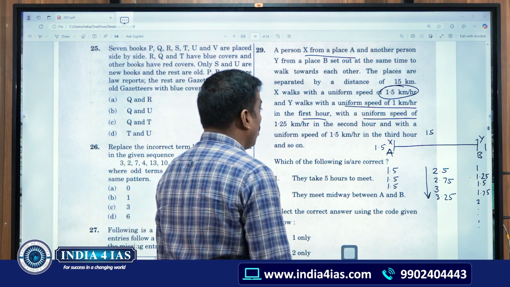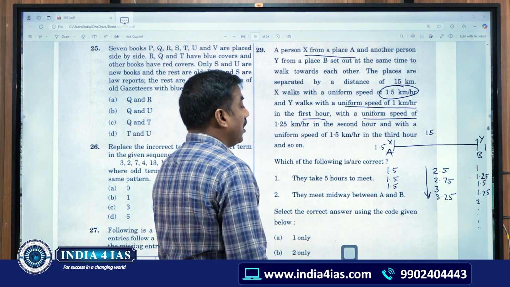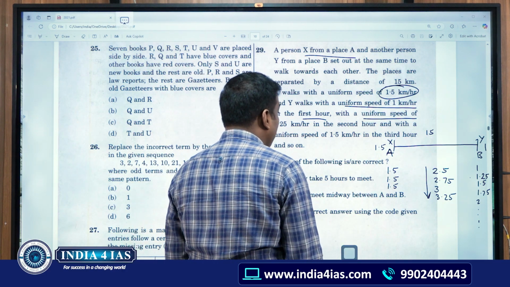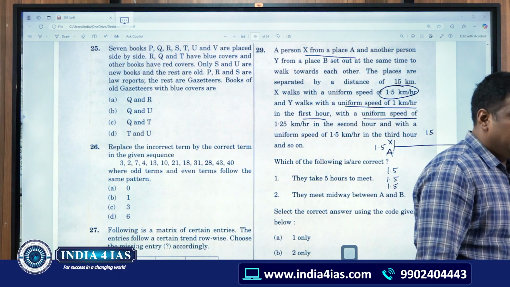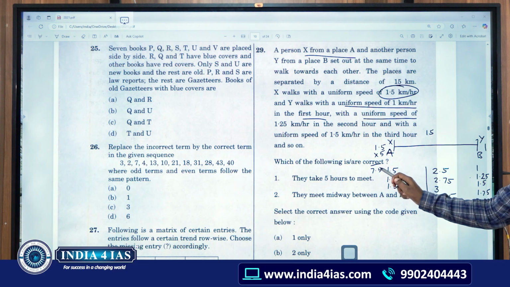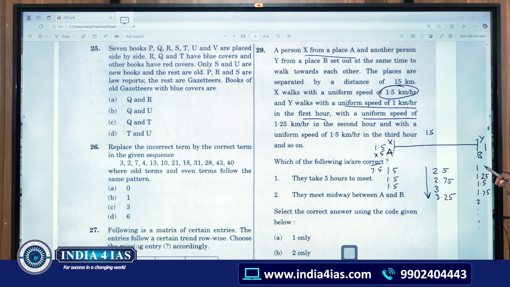Okay, now what do they want? They want us to check the statements. Which of the following are correct? They take 5 hours to meet. Let us check. See, in 5 hours, he will walk 1.5 into 5. That is 7.5. In 5 hours, Y will walk 1, 1.25, 1.5, 1.75 and 2.